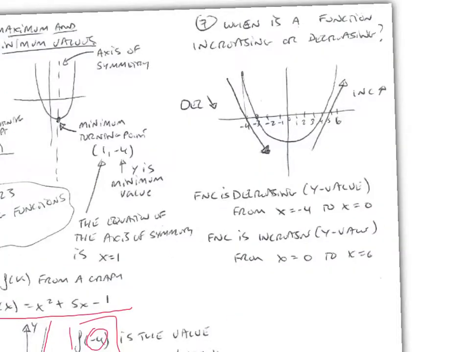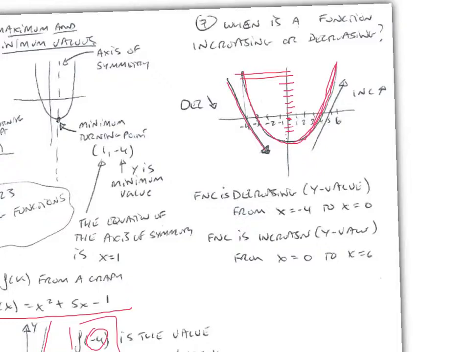Now, when is a function increasing or decreasing? Well, we can see that the curve of this parabola slopes down before it starts to slope up again. If you think about it, the y values are decreasing all the time on this side of the curve, and then they start to increase on this side.